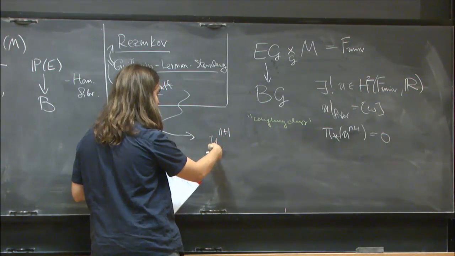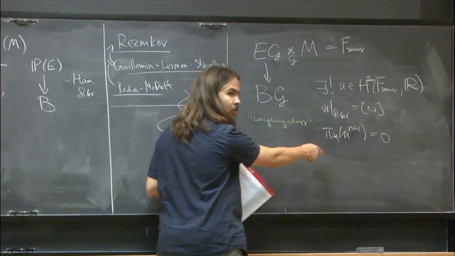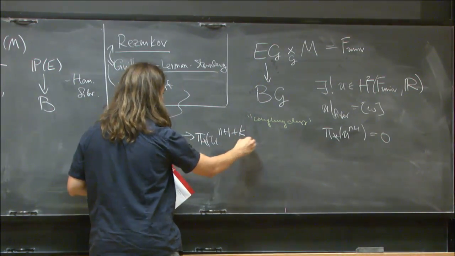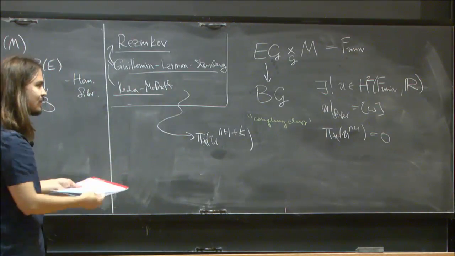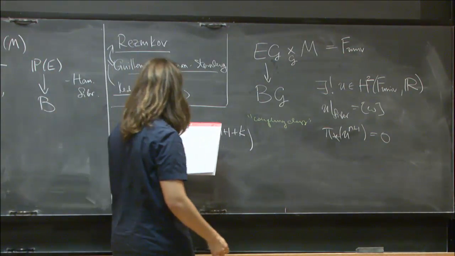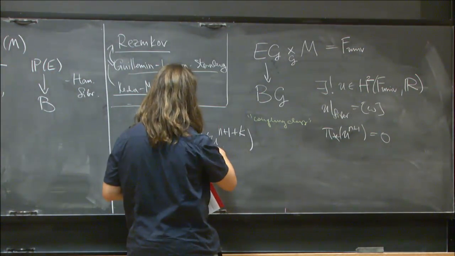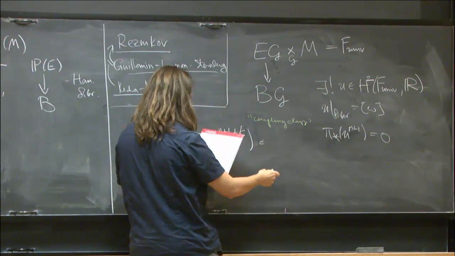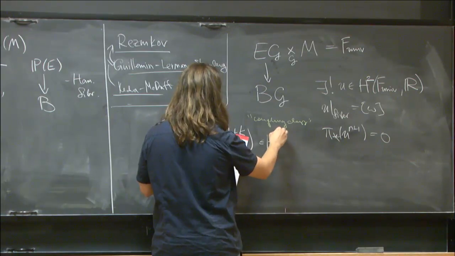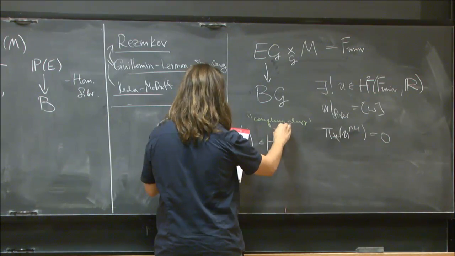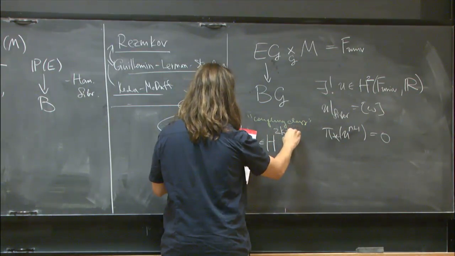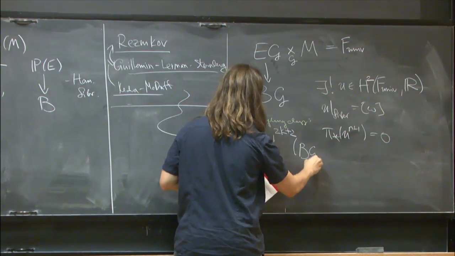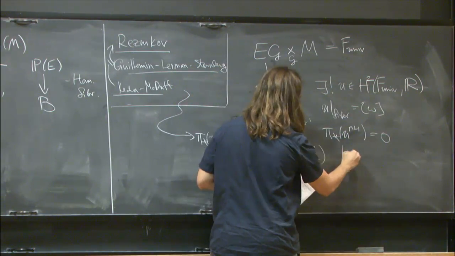Well, u to the n plus 1 will integrate to 0, but maybe u to the n plus 1 plus k, well, that will integrate to something, right? So it will integrate to a class in H^(2k+2) of BG, right?